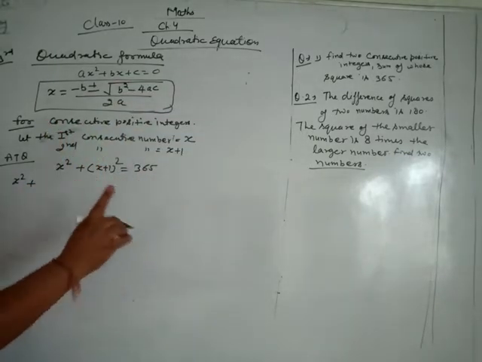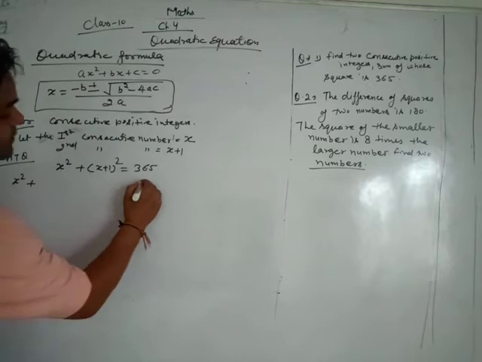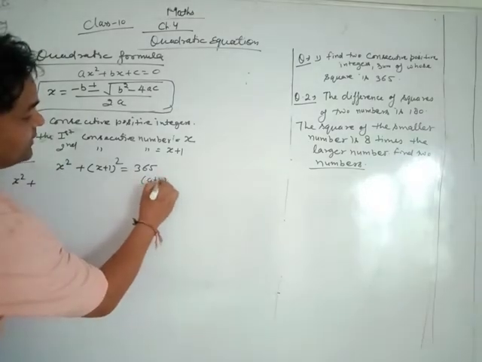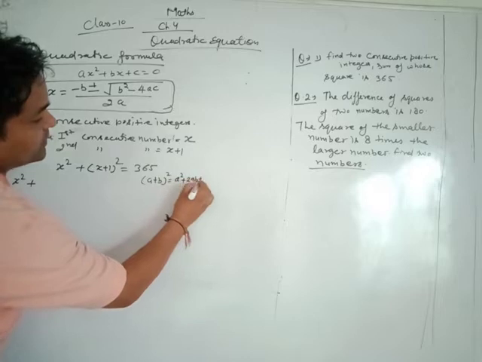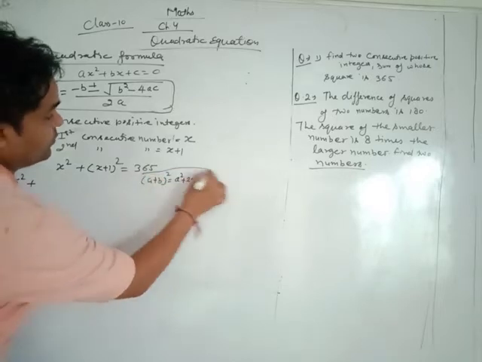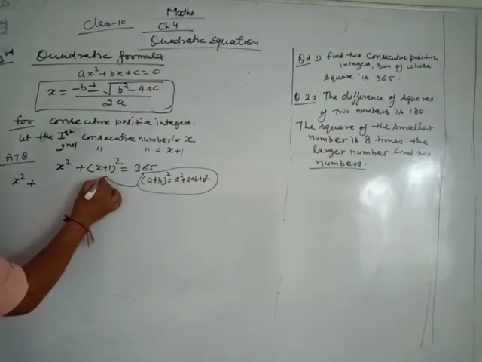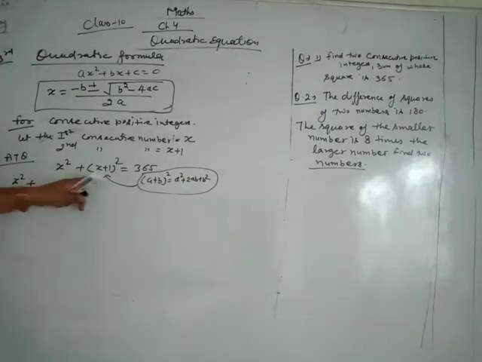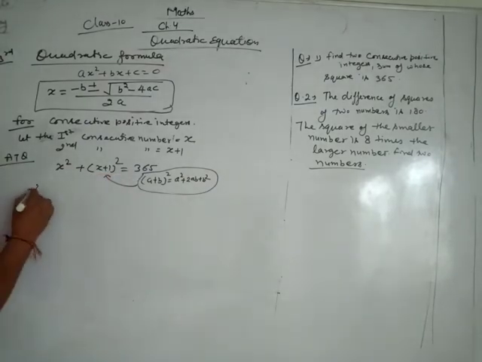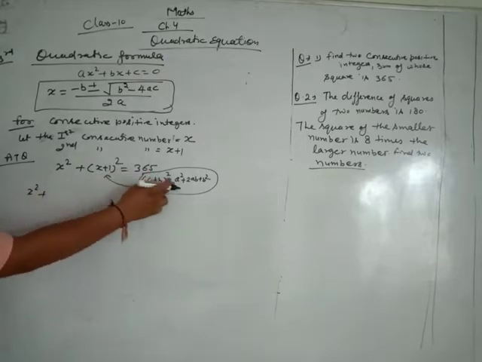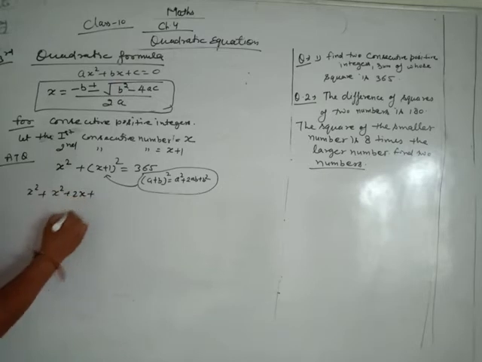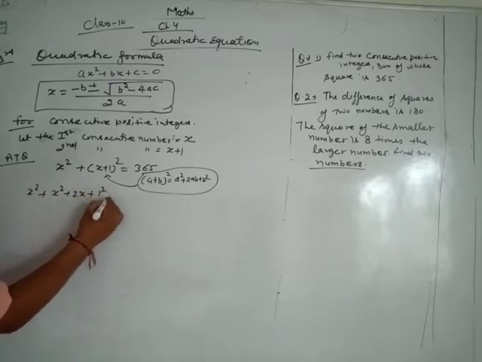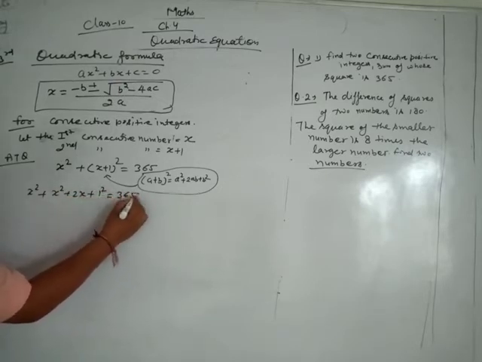No, it is wrong. We will apply here the identity a plus b whole square equal to a square plus 2ab plus b square. So x square plus x square plus 2x plus 1 equal to 365.